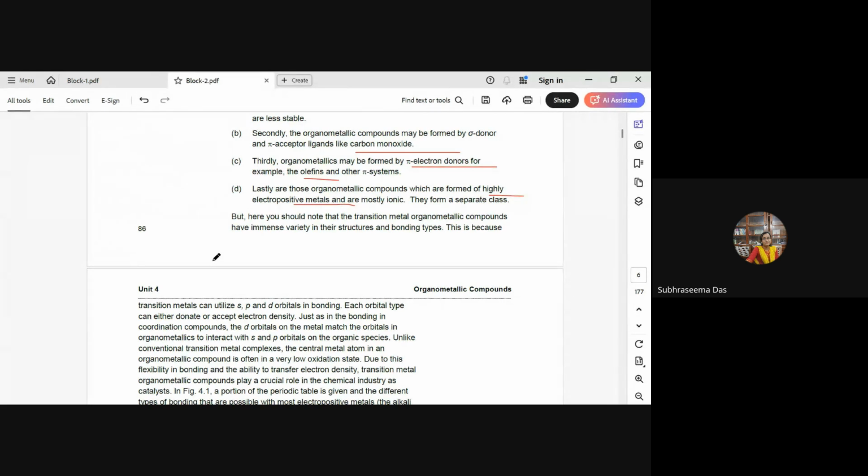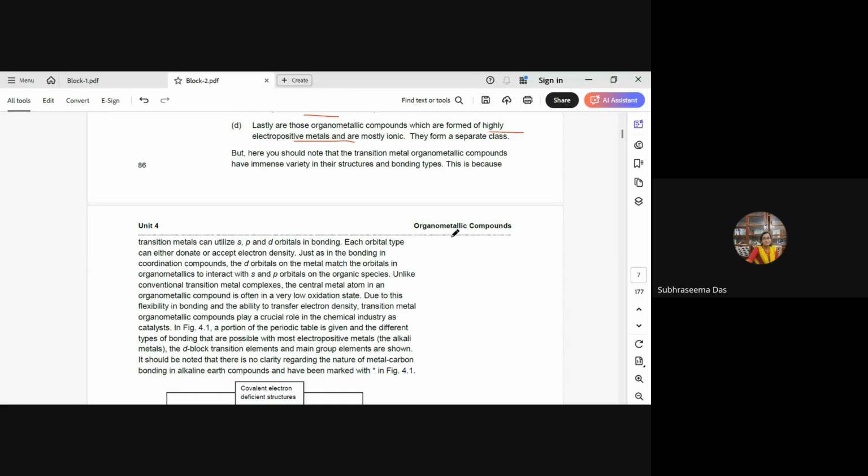Each orbital type can either donate or accept electron density. So just as in the bonding in coordination compounds, the d orbitals on the metal match the orbitals of the ligands and form bonds with the s and p orbitals. There is very high flexibility in bonding and electron transfer in organometallic compounds.